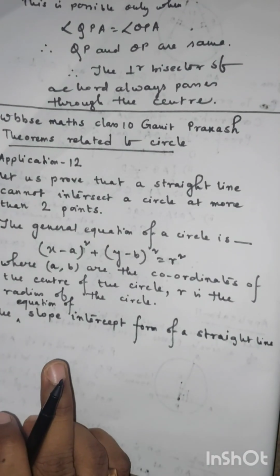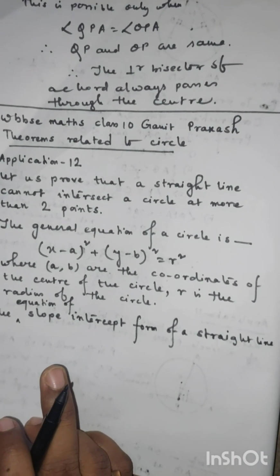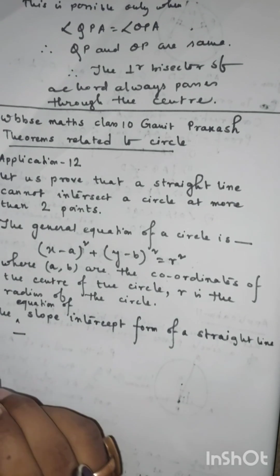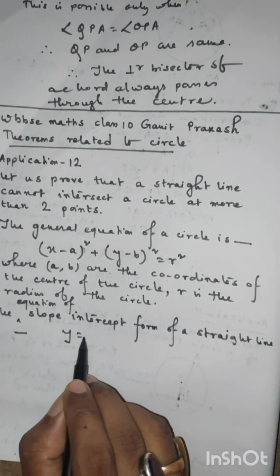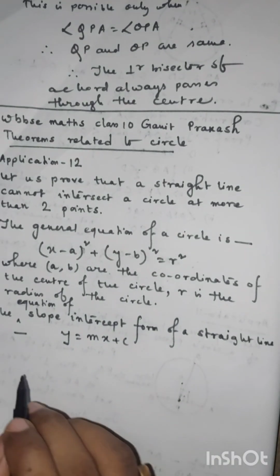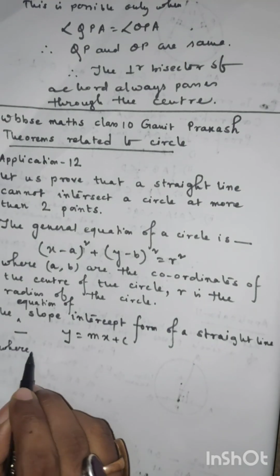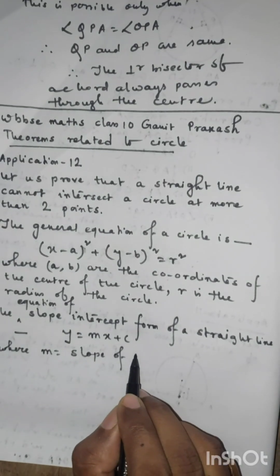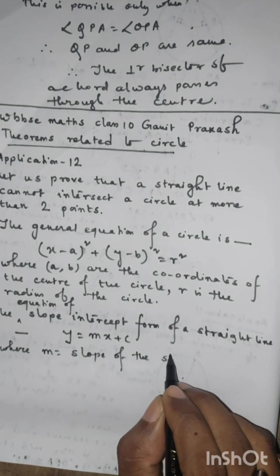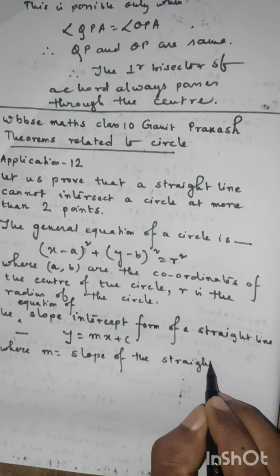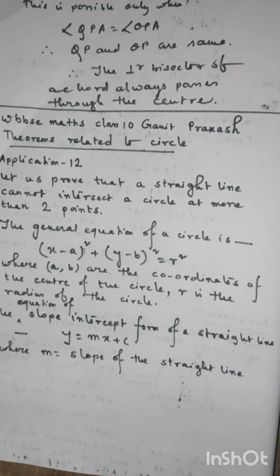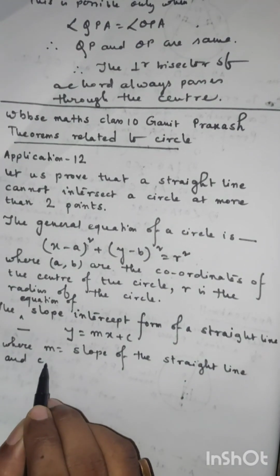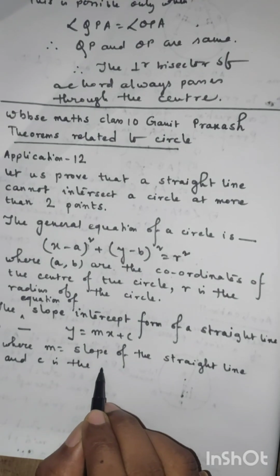the equation of slope intercept form of a straight line. This is basically the equation of a straight line, y equal to mx plus c, where m equal to slope of the straight line and c is the y intercept.